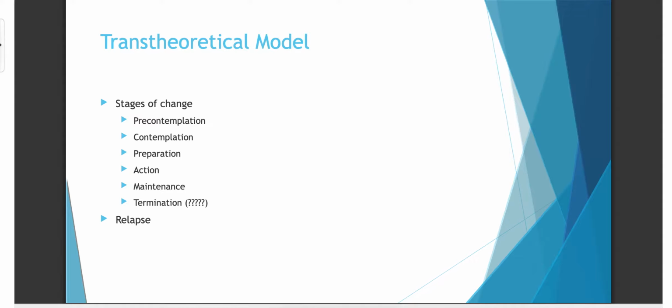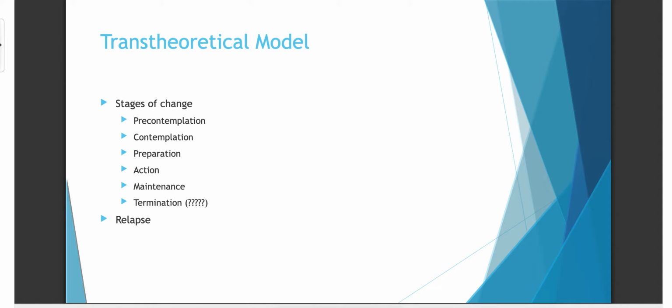And then after we've thought about something, if we decide to start changing our behavior, we would move into the preparation stage of change. The preparation stage is where we're preparing to change our behavior. We haven't changed that behavior yet, but we're getting ready to. It could be that you find a smoking cessation class or a group of people to meet with who talk about struggling to quit smoking.